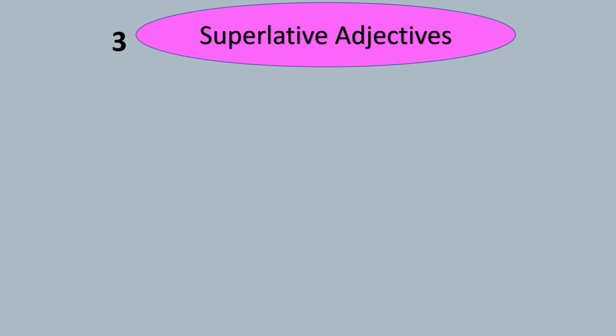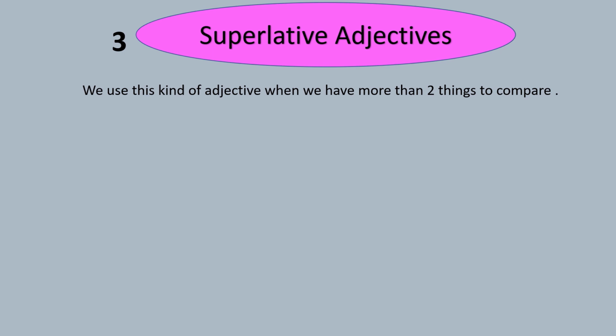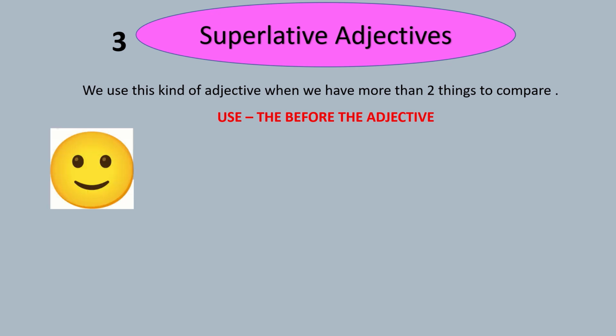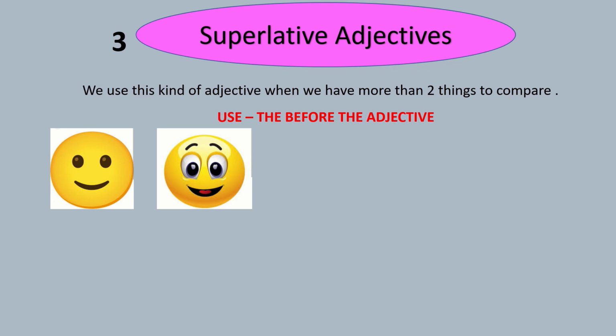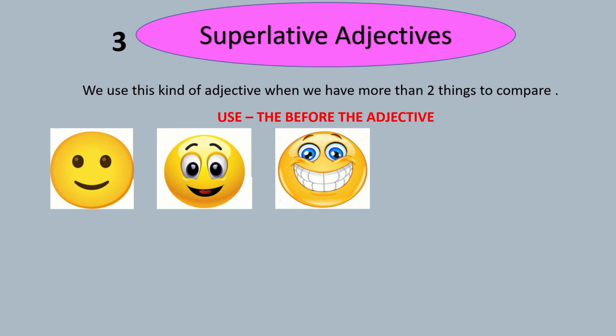Now the third type is superlative adjectives. If we have more than two things to compare, we use this. And remember, there's a rule. You have to add the word the before this kind of adjective. This is a happy face, and the second one is a happier face, but the last one is the happiest face.